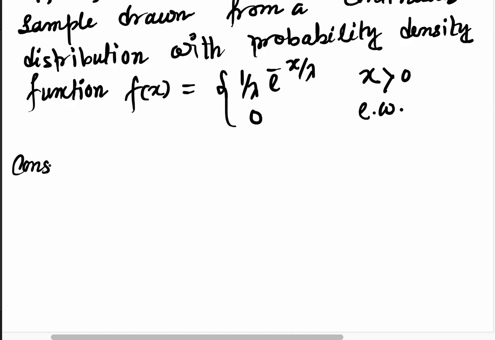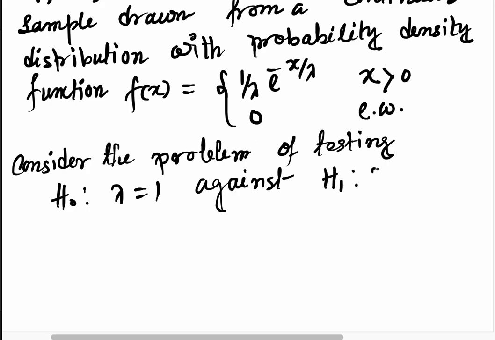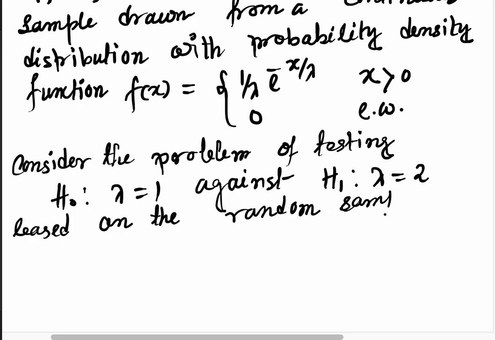Consider the problem of testing hypothesis H0, that is lambda equal to 1, against hypothesis H1, that is lambda equal to 2, based on the random sample x1, x2, ..., xn.